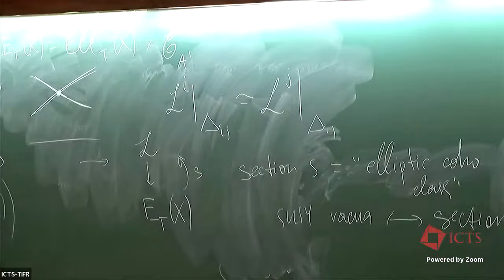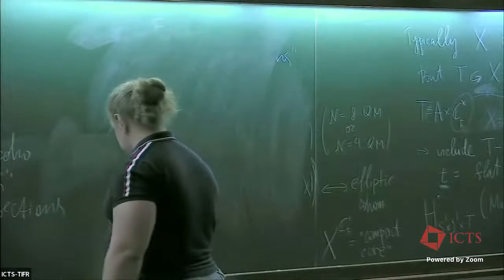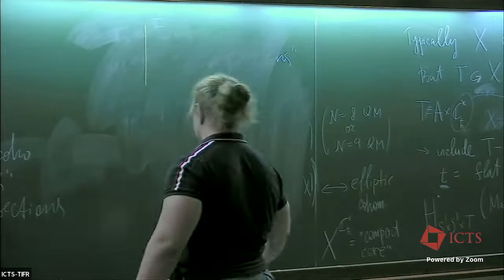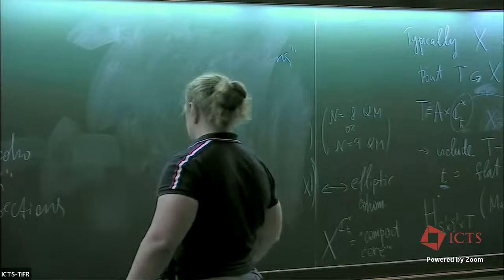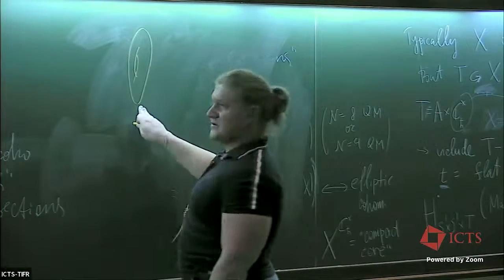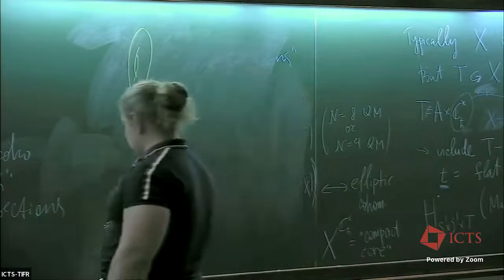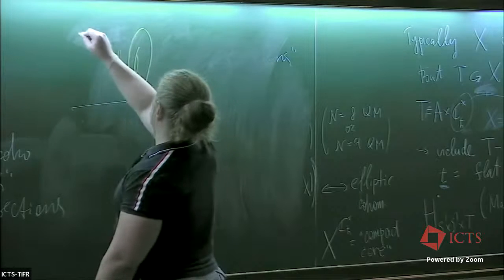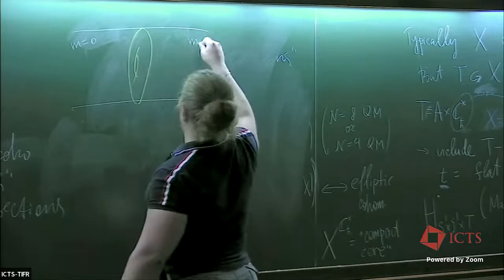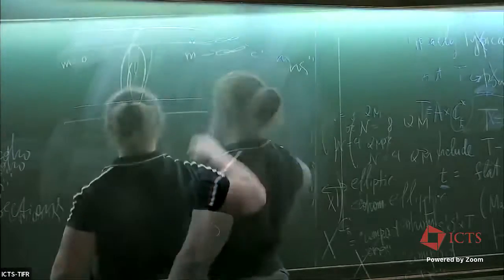And then one gets that if there is an interface of the sort I started with, so there's this interface wrapped on the elliptic curve such that on the left I have zero masses and on the right I have large masses.